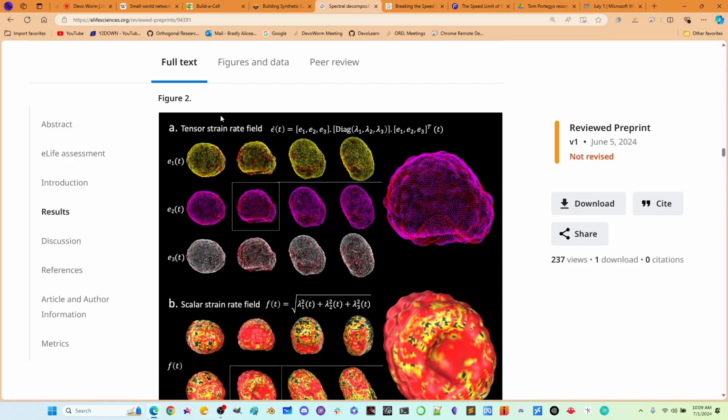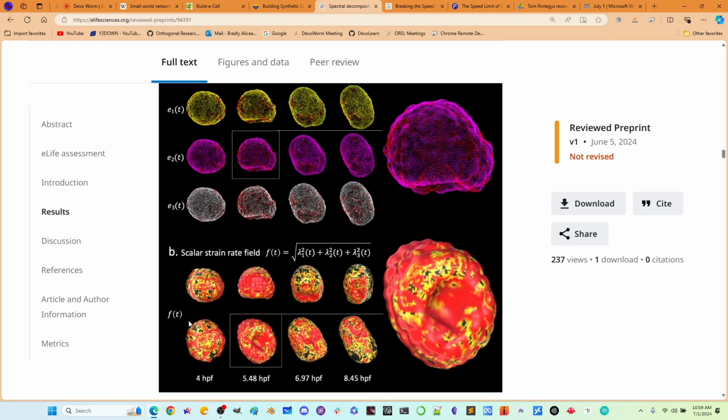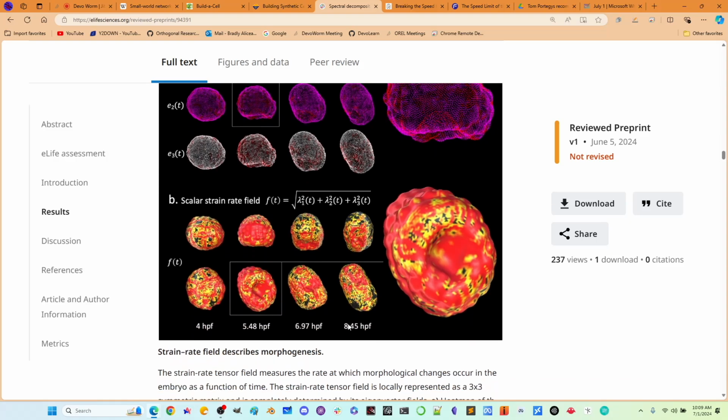So these are 2 different measurements: the tensor strain rate field given by this equation and the scalar strain rate field given by this equation. And you can see that it gives you these different pieces of information. This is sort of a phase portrait of the embryo, so you can get different information from this for different points in time.